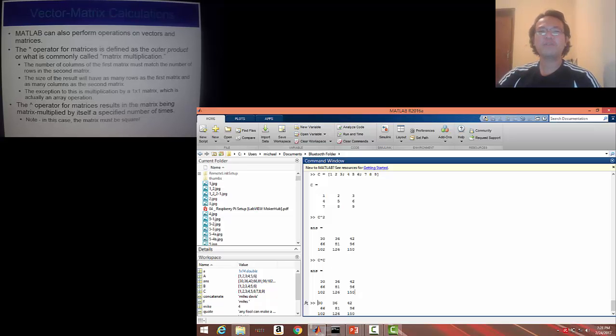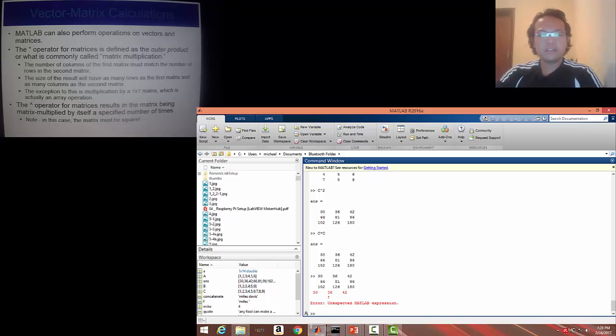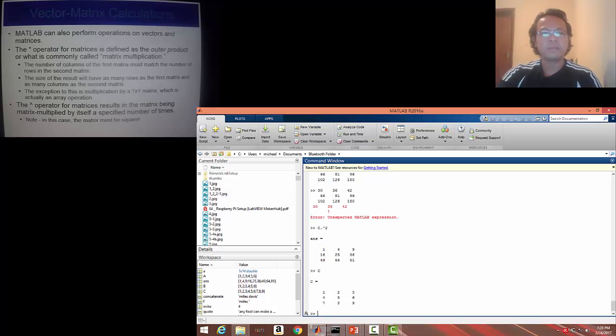So if you want to have an output like 1, 4, 9, 16, 25, 36, 49, 64, and 81, the technique is you do it like this: C, then dot, and then squared. There should be a dot. When you hit that one, the answer is 1, 4, 9. Let's look at C again.